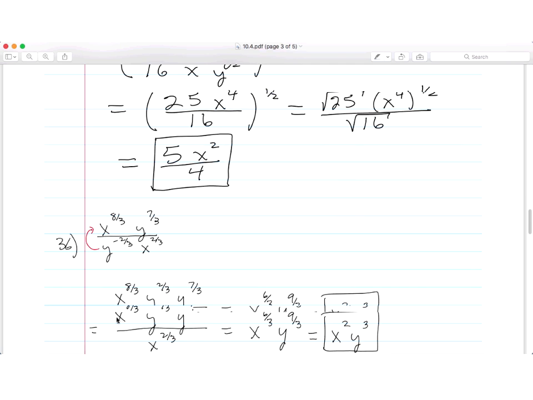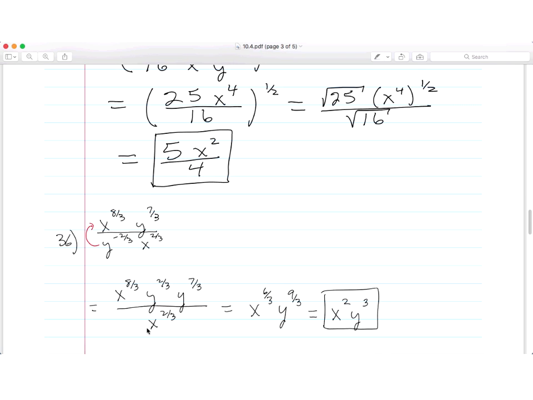Well, x to the 8/3 divided by x to the 2/3: 8/3 minus 2/3 is 6/3. y to the 2/3 times y to the 7/3: as I multiply, I'll add exponents. 2/3 plus 7/3 is 9/3. Well, 6 divided by 3 is 2, and 9 divided by 3 is 3. And so this simplifies to x squared y cubed.